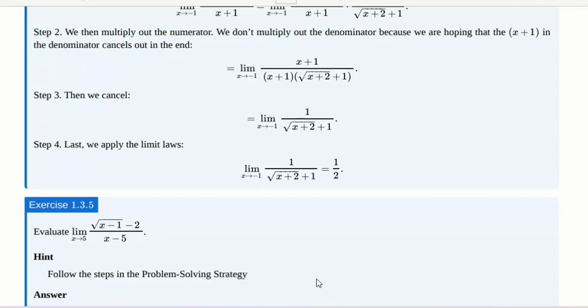Guys, do you agree with my answer, or does anyone have a different answer? I got a different answer, 1 over 4. I also got 1 over 4. Okay, I got -4. So we have -4, 1 over 4, and 1 over root 3 plus 2.